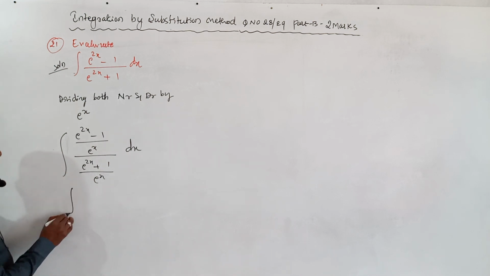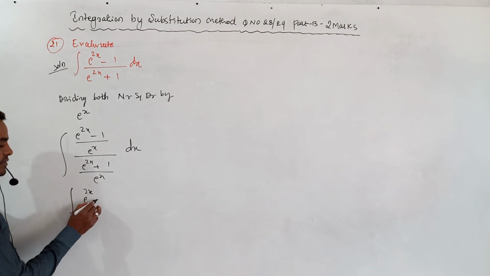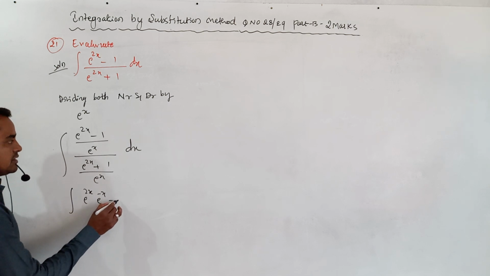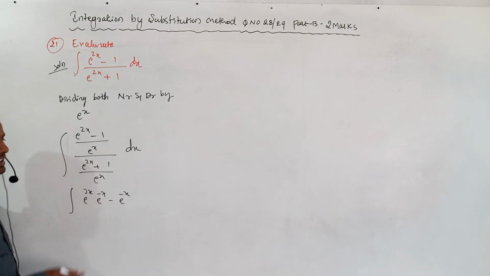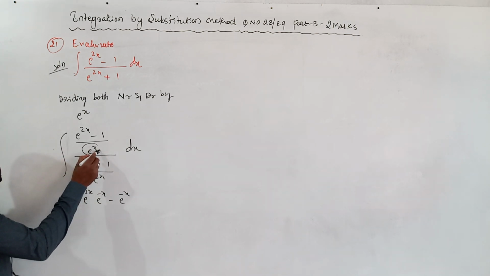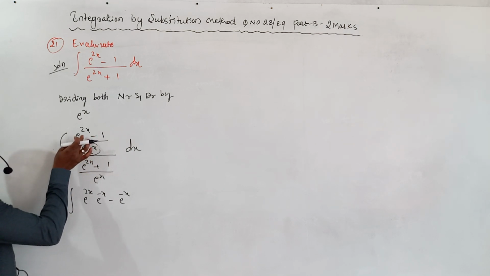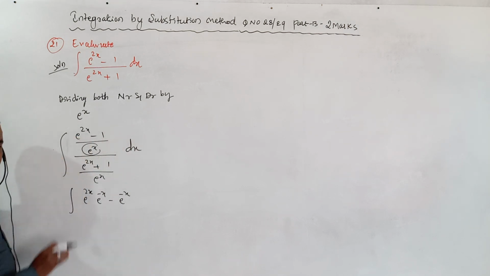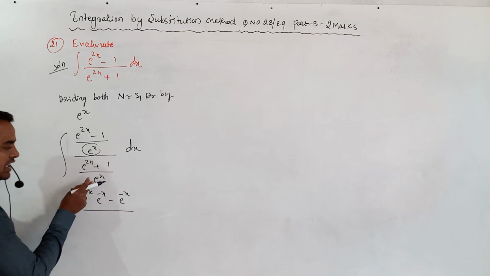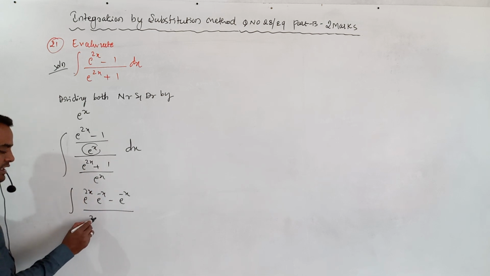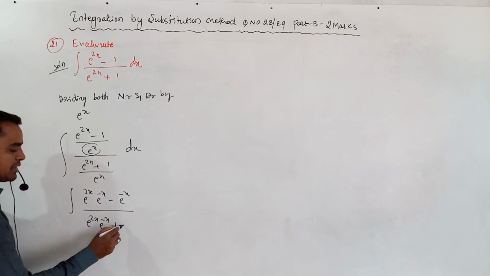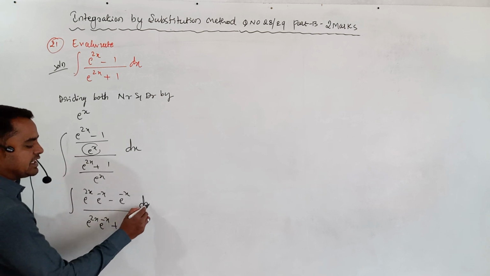Next, e^(2x) into e^(-x), and e^(-x). Taking this e^x here in the numerator, this term and this term, in the same way in the denominator also: e^(2x) e^(-x) plus e^(-x) dx.